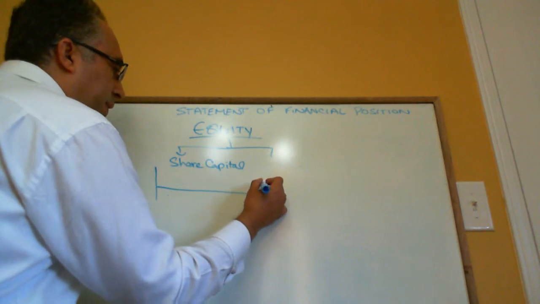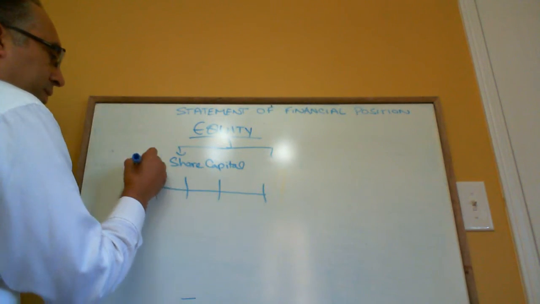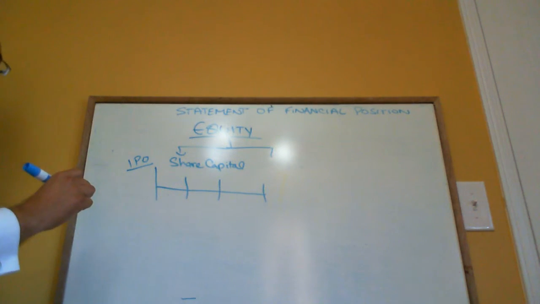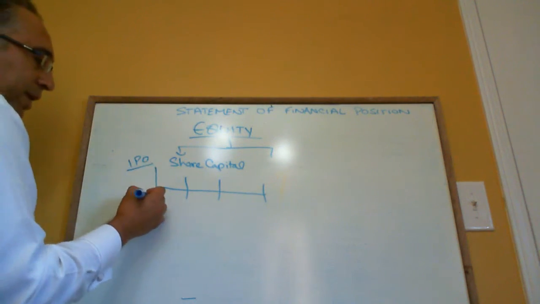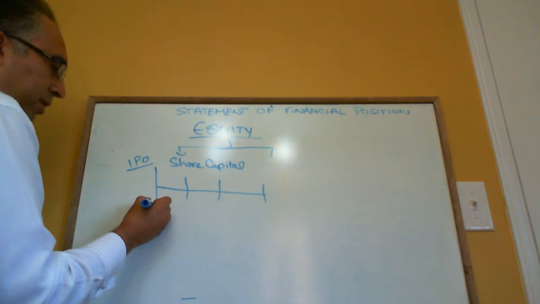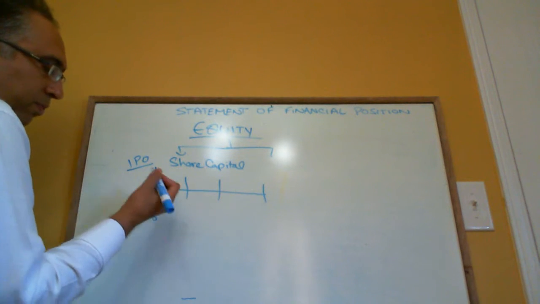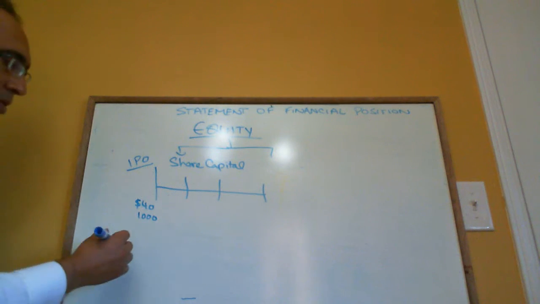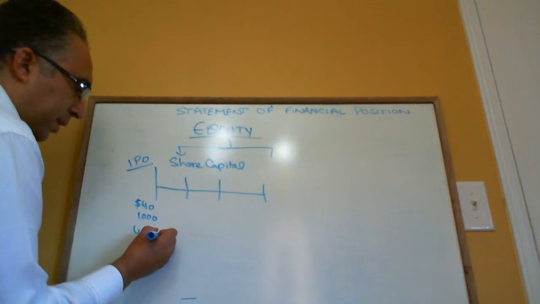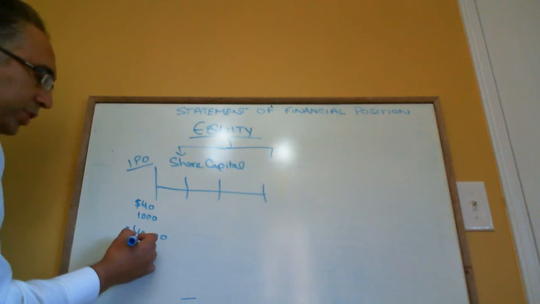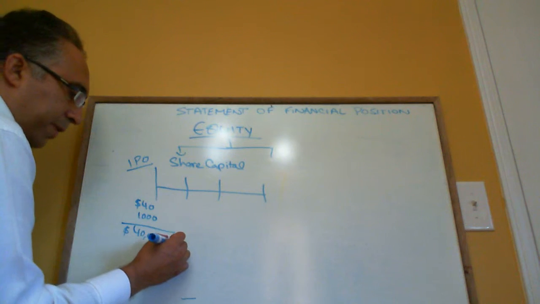Think of it this way, that whatever the company has issued an IPO for, initial public offering, this is the original IPO. So if they issued it at, suppose, $40 and they sold, suppose, 1,000 shares were picked up, it means that the company now has $40,000 which is going to be their share capital. This is going to be fixed.